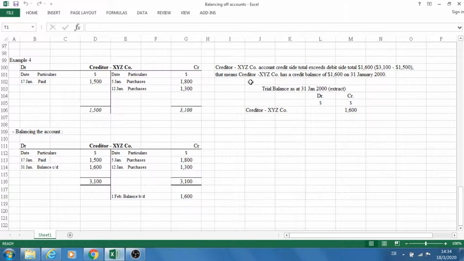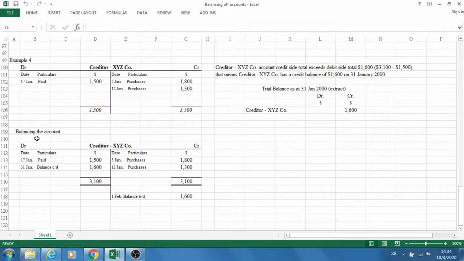That means creditor XYZ company has a credit balance of 1,600 on 31st January 2000. It is shown on the credit column of the trial balance as at 31st January 2000.